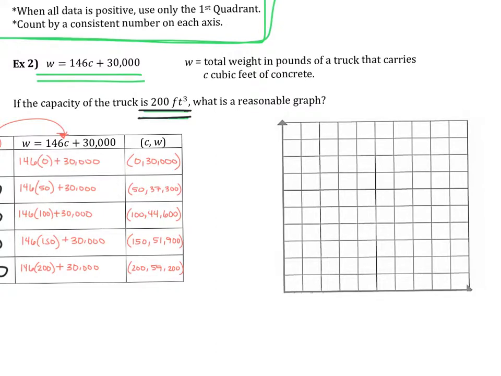Variable-wise, what's the variable going to be on the x-axis? The capacity, which was in cubic feet, right? So how much concrete in cubic feet? So we're going to write concrete in cubic feet. So feet cubed is what we're talking about.